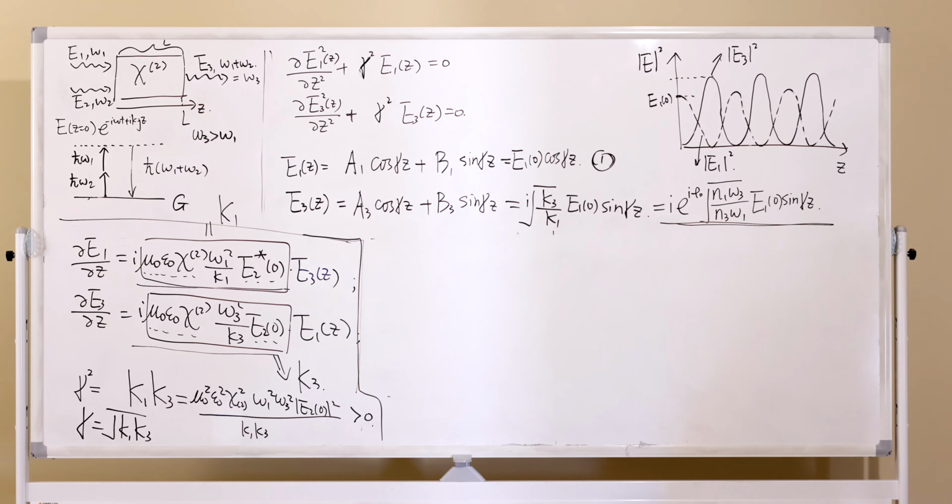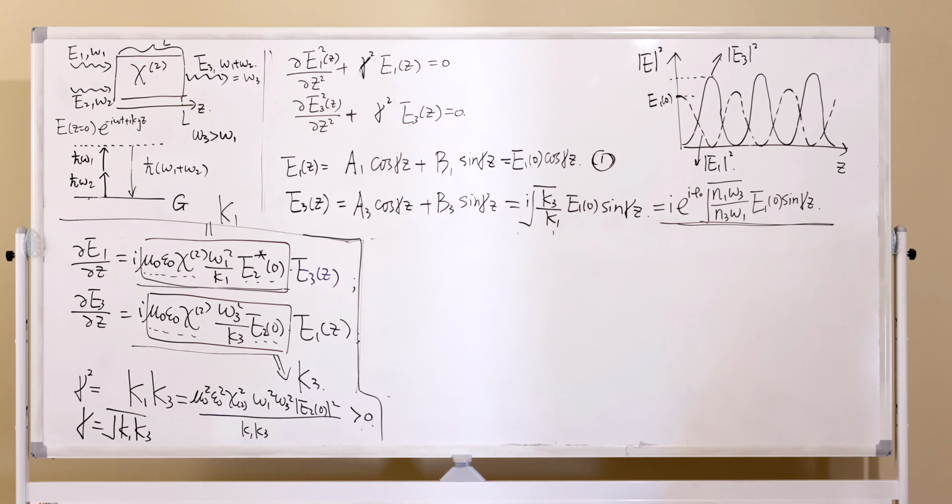So if you take a look at the notes, page 23, there's a calculation showing you that this coefficient here, the square root of n1 omega 3 over n3 omega 1, precisely ensures photon number conservation.